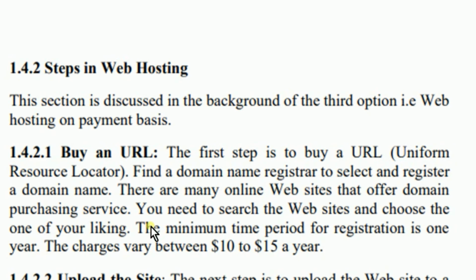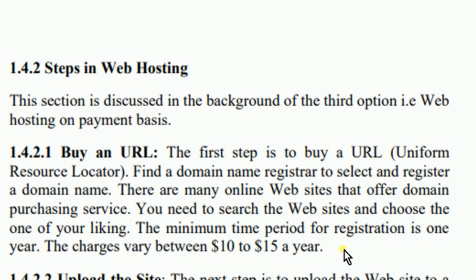The minimum time period for registration is 1 year. That means when you purchase a web domain name, the minimum duration may be 1 year. You can even extend at the time of purchase. You can take 5 years, 3 years, or maybe 1 year.